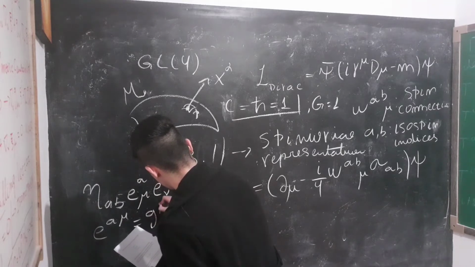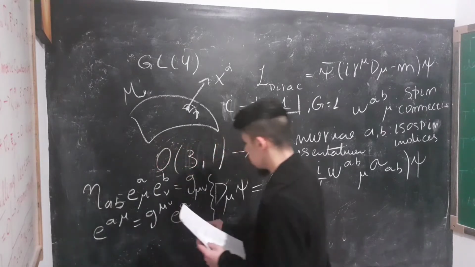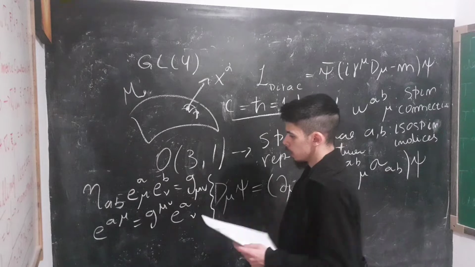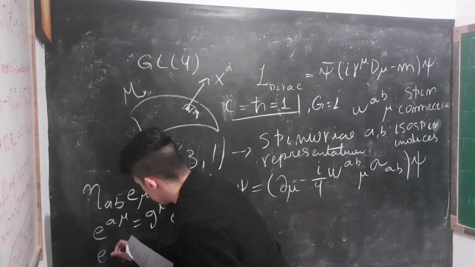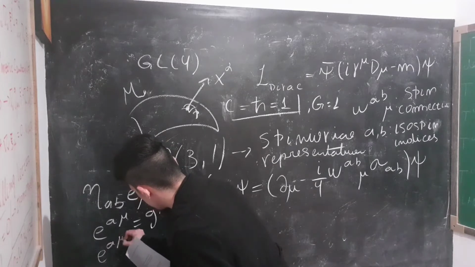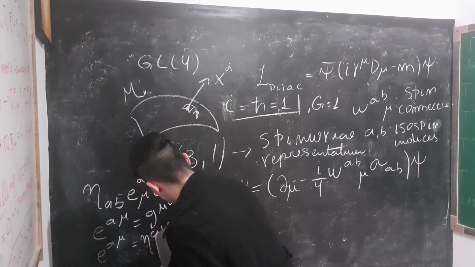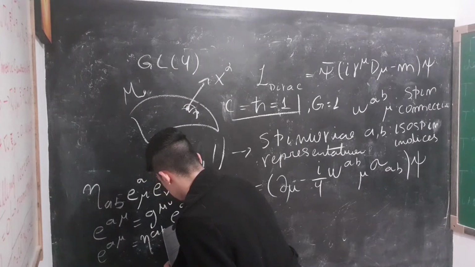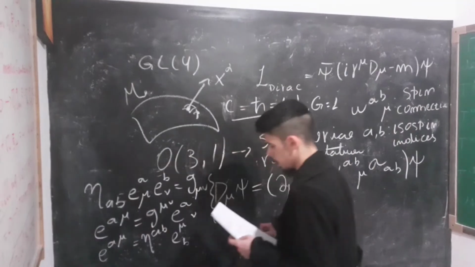This is g mu nu, and I can write e A mu equals eta AB e B mu, right?